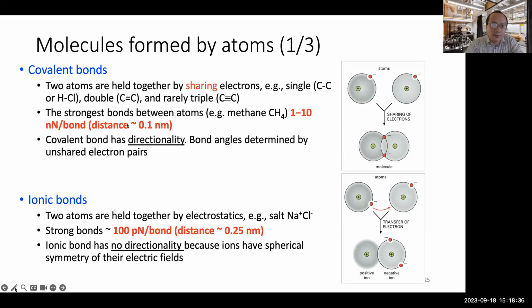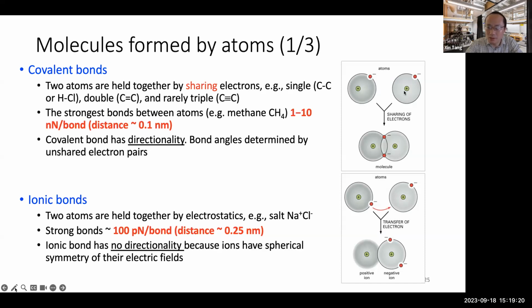The first type of interaction is when atoms form the covalent bond. A covalent bond is when two atoms are held together by sharing electrons. On the surface of the atom there are electrons, right? If you look at the picture on the right hand side, these are two hydrogen atoms close together. For hydrogen, the most basic orbit can only hold 2 electrons.